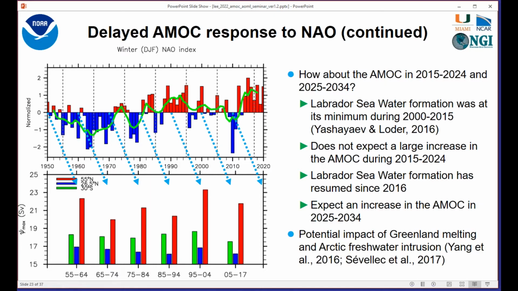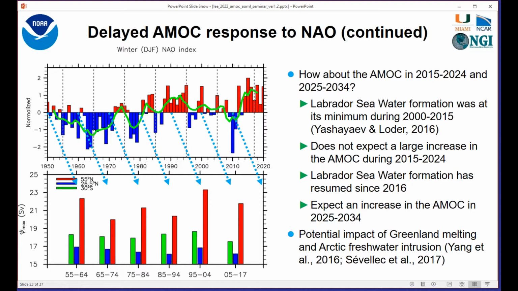But basically, I just want to point out that this does not necessarily mean that the NAO is everything. The Greenland ice sheet is melting a lot. And also potentially, Arctic freshwater intrusion could happen.